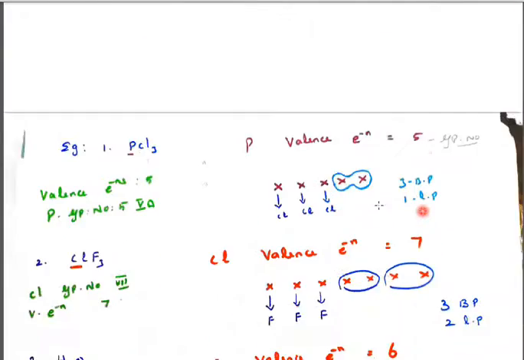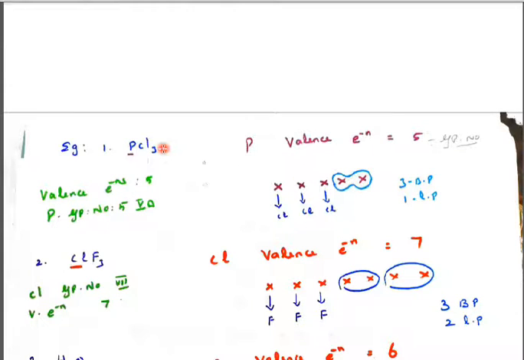Let us see the example. First one, PCl3. P is the central atom. Phosphorus belongs to the nitrogen family, the 5A group, so the group number is 5 and the valence electron is also 5: 1, 2, 3, 4, 5.